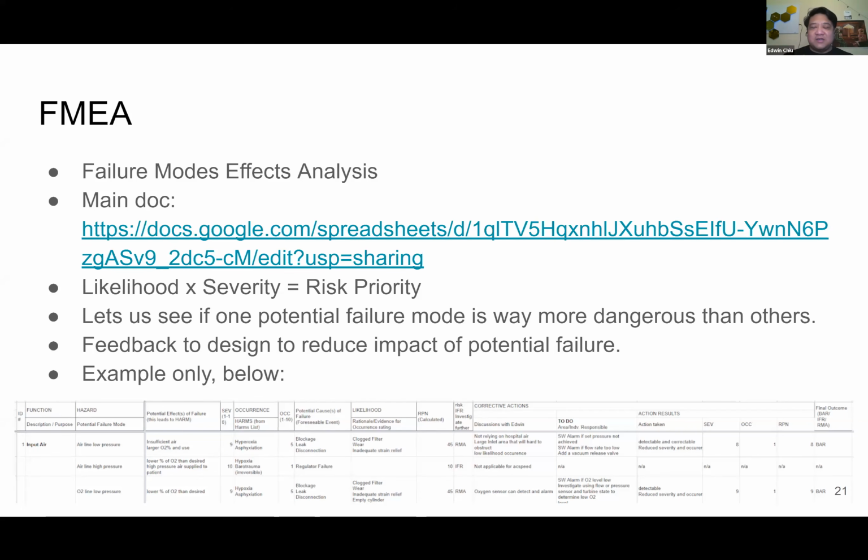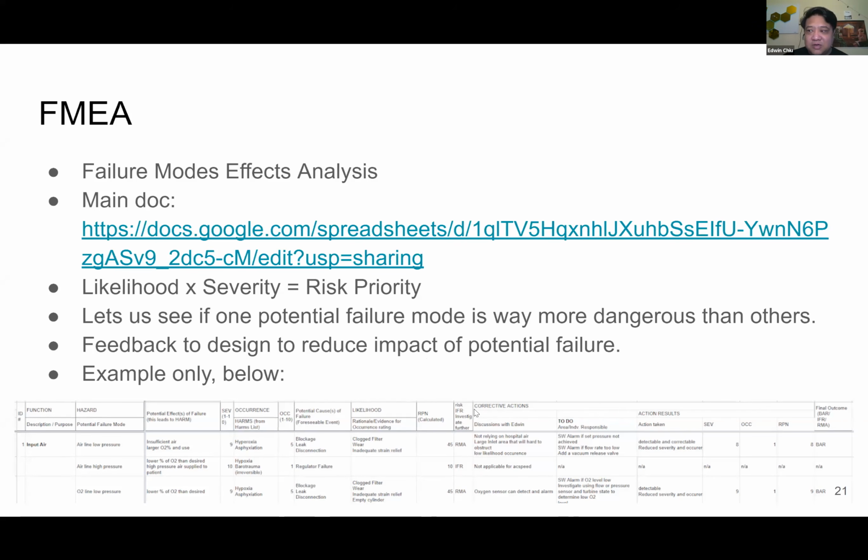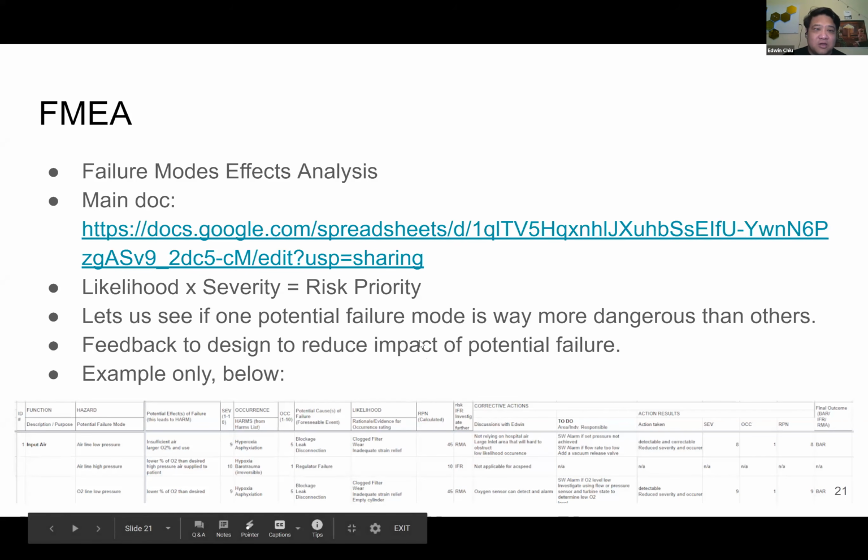If you design something that is safe in situations 1, 2, and 3, and then situation 4 is really, really dangerous, then the system is still just as dangerous as situation 4. The chain is only as strong as its weakest link. This is the tool that we use to systematically go through all our failure modes. So this is a very useful tool.